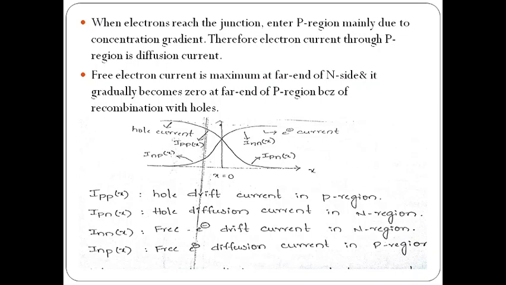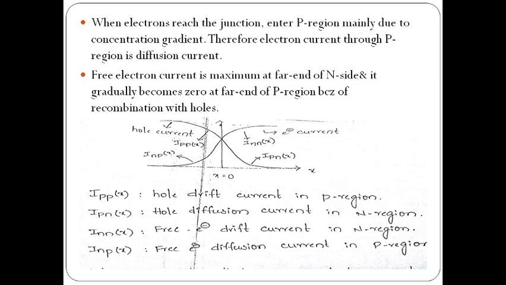Electrons at x equals 0 are indicated as I_nn(x).